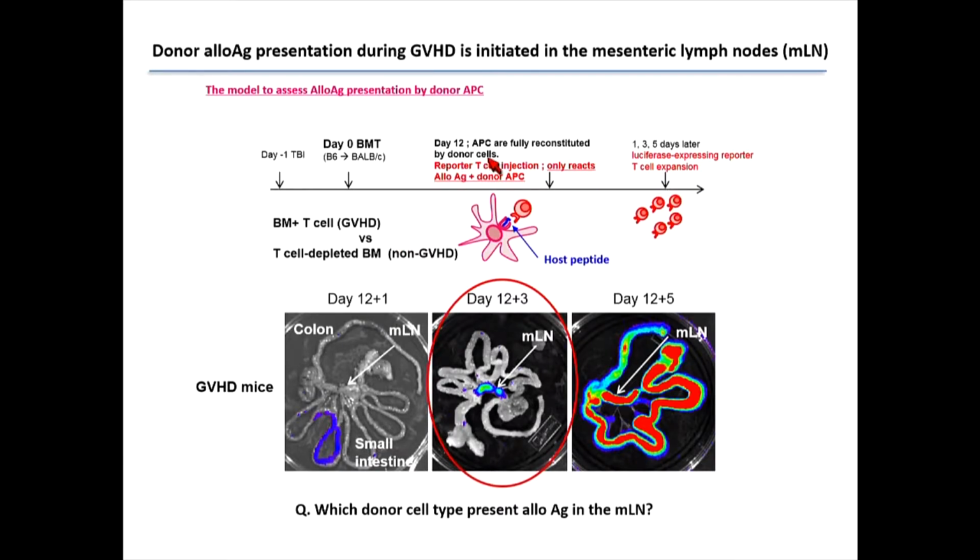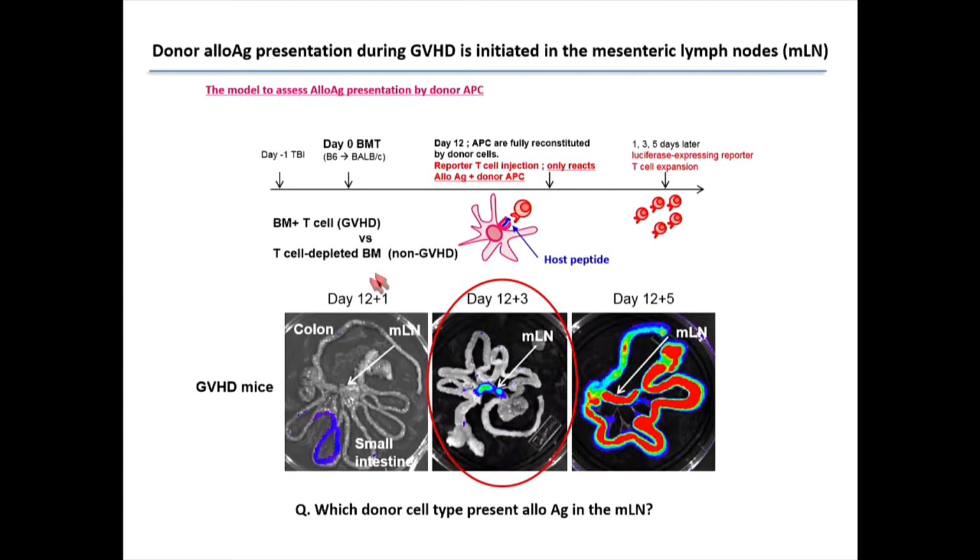Then on day 12, when the APC are fully reconstituted by donor APC, they transfer reporter T cells which have the luciferase signal. A couple of days later, we can look at which organs have this T cell expansion. This allows us to compare how antigen presentation by donor differs between the GVHD and non-GVHD circumstances.